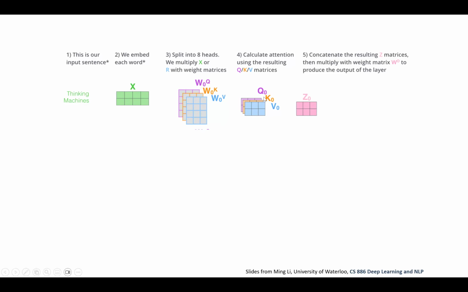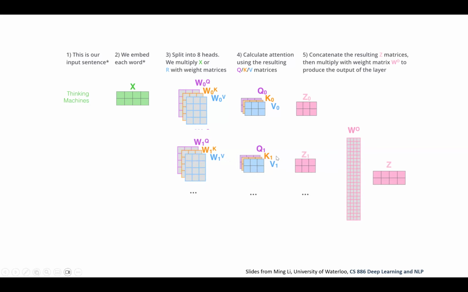Then we concatenate all those and get the final one, which is this one. This is for the first head, and similarly we will have the second head, third head, up to the seventh head. Then this matrix will multiply, and we get the final one. So with 8 heads, we get X, and we get Z after the self-attention.